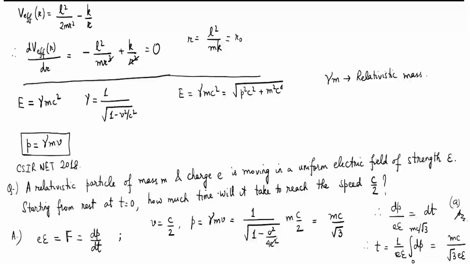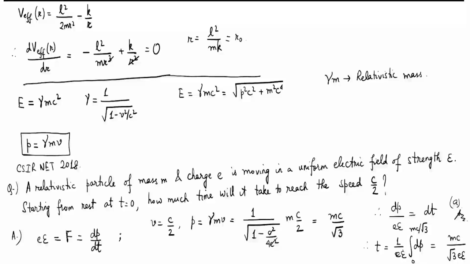See, this is the shortest way you can do it. Always remember this formula: E equals gamma mc squared and P equals gamma mv. So when it reaches the speed c by 2, its momentum will be mc by root 3, and when it is 0, it is 0. So here, just integrate. dp by dt is equal to e epsilon, so t is 1 by e epsilon integral dp from 0 to mc by root 3.